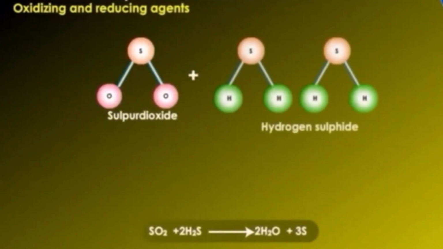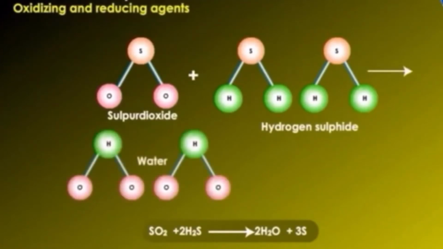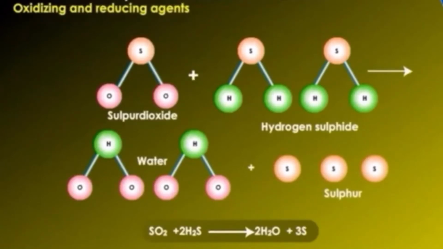In SO2 plus 2H2S gives 2H2O plus 3S, that is water and sulfur are formed. In this reaction, sulfur dioxide changes to sulfur, hence sulfur dioxide is the oxidizing agent, and hydrogen sulfide changes to sulfur, hence hydrogen sulfide is the reducing agent.